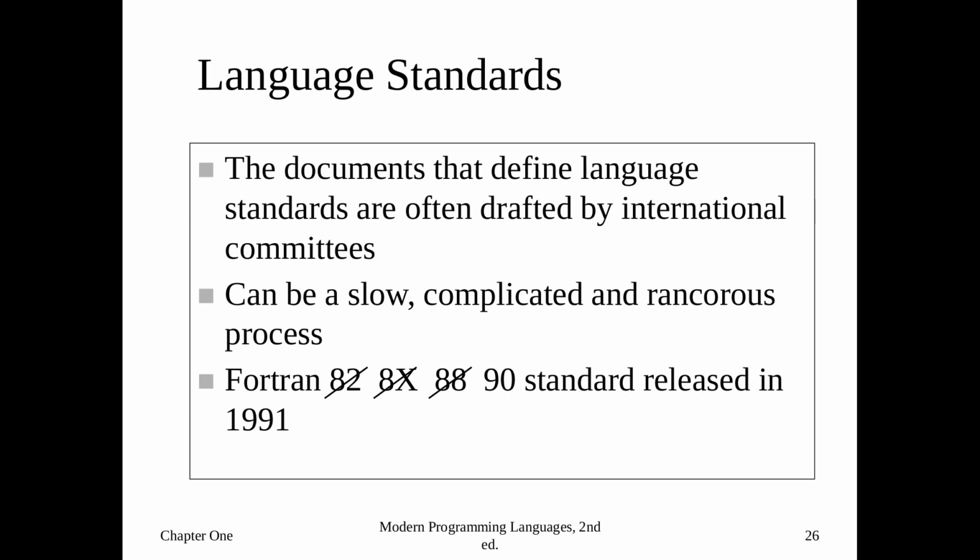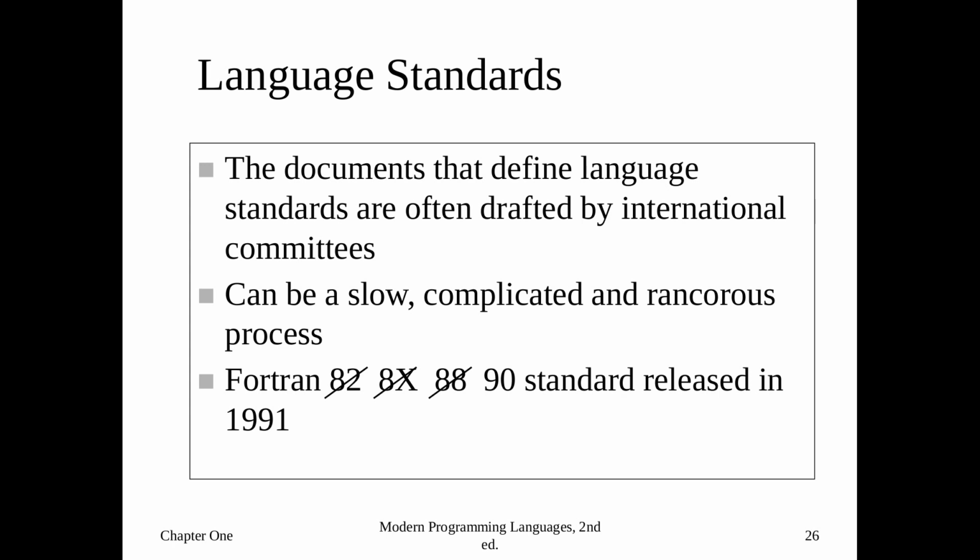But with Fortran, the stagnation occurred in 1982. Actually, I think it was in 83. They got 82 done, and then they had another one that they abandoned, and then they got 88, which was actually done, I think, in 89, and then 90 came out in 91.